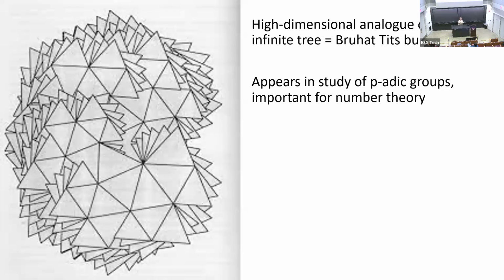So these p-adic groups work over this strange building. Of course, when this was developed, they didn't have computer science in mind, and yet somehow this object has some really interesting properties.